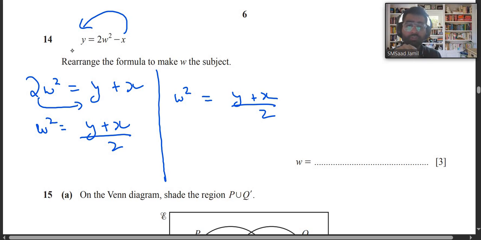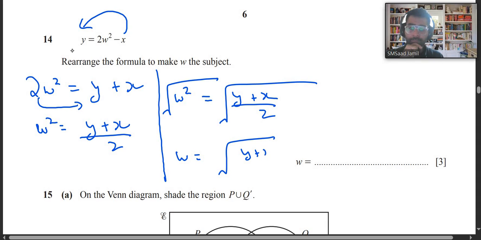To remove this square, you will under root both the sides. So w is equals to under root y plus x upon 2. If you write this as your answer, it's wrong, because whenever we under root, the answer becomes plus minus. So make sure you write plus minus, okay?